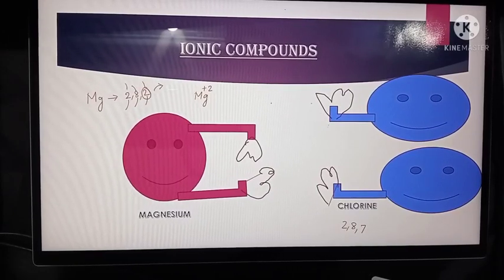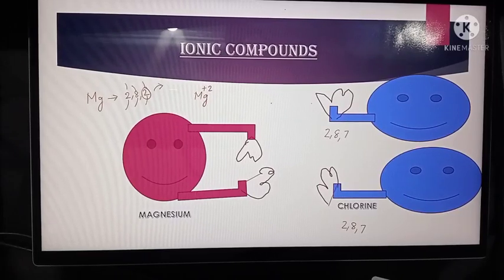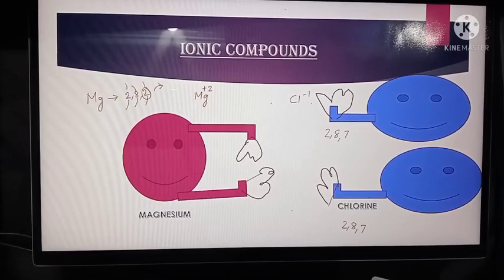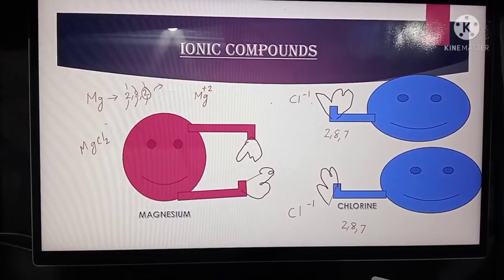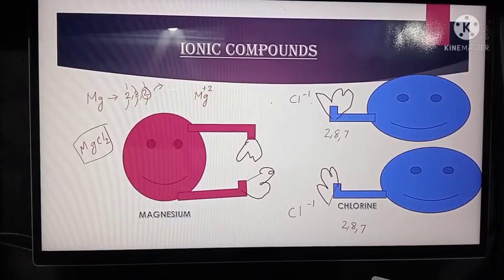So there will be two hands and it can combine with the next one because this one is also 2, 8, 7. For one chlorine atom it is Cl minus 1, and for the other chlorine atom also it is Cl minus 1. But when we write the formula of this compound, in one molecule you have one magnesium and two chlorine atoms. That is why the formula will be MgCl2.